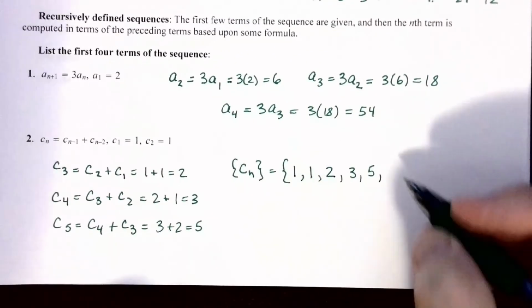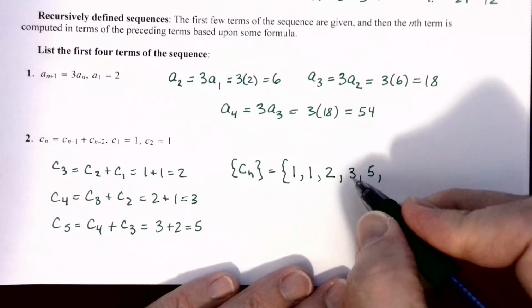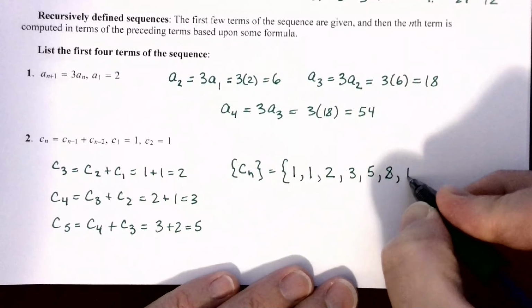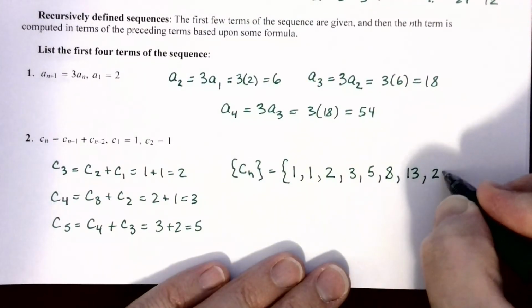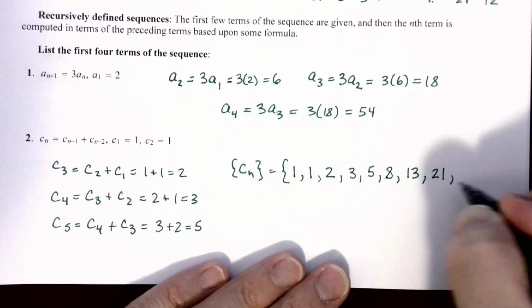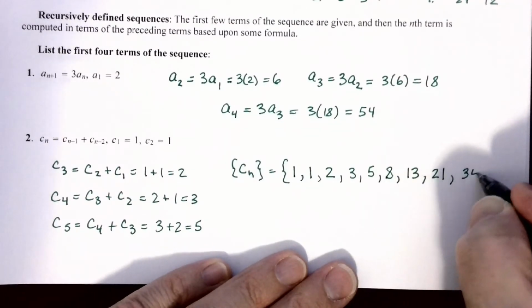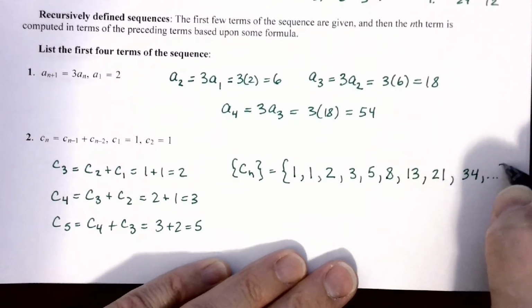And I can just chug along here, because remember, to get the next term, what do I do? I add the previous 2. So 3 plus 5 is 8. 5 plus 8 is 13. 8 plus 13 is 21. 13 plus 21 is 34. And I'll stop there, but we can continue.